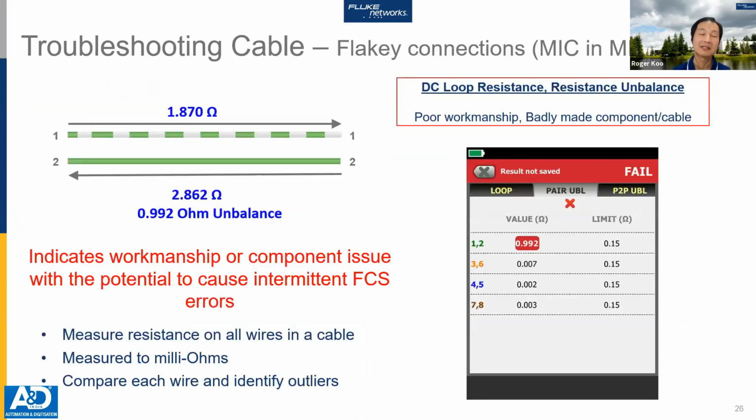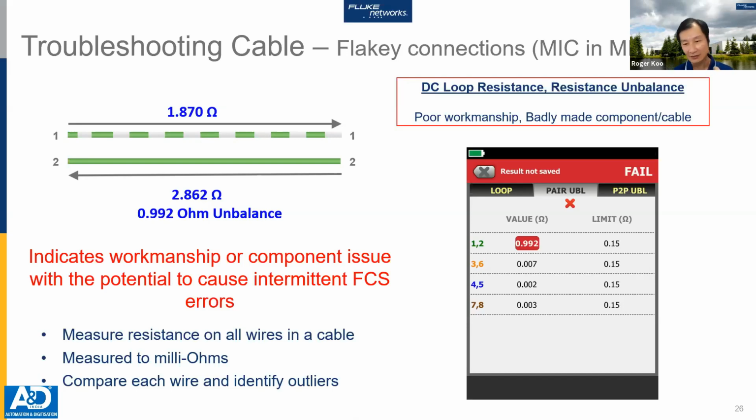Now this is going to be the last parameter, which is gaining prominence. It is gaining prevalence because of Power over Ethernet. This parameter is known as the DC loop resistance. There are associated parameters like the resistance unbalance. So basically, what is this?